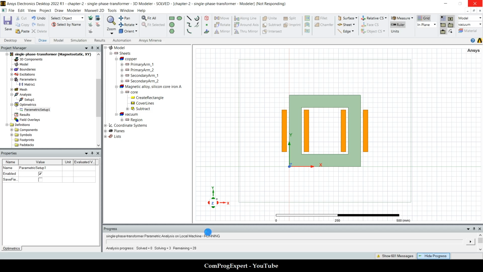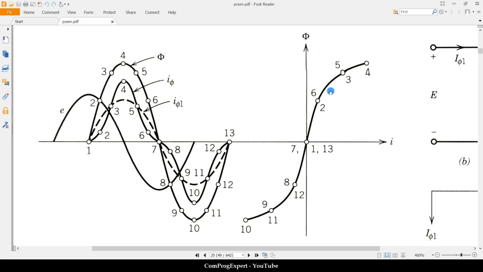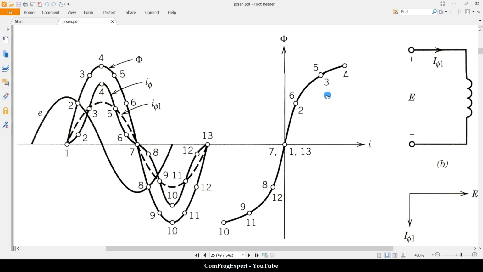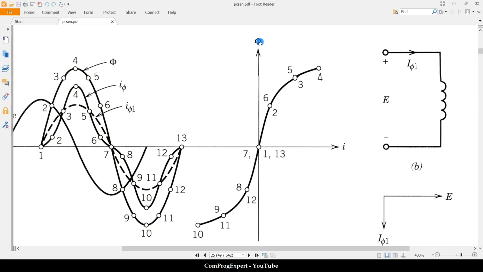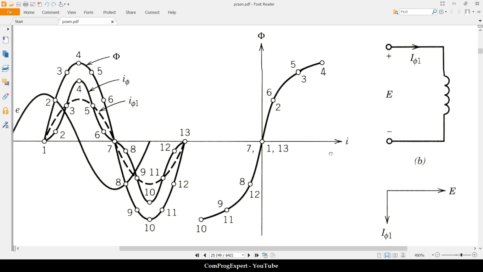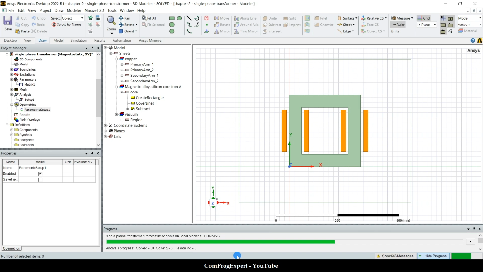After completion of these simulations, we can generate this characteristic: the flux linkage of coil 1, the primary coil, versus its current. Okay, perfect. We can do these simulations in this powerful software.